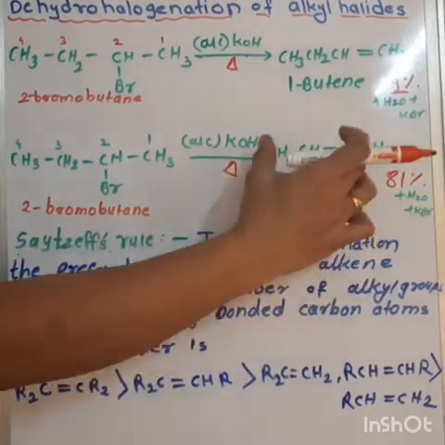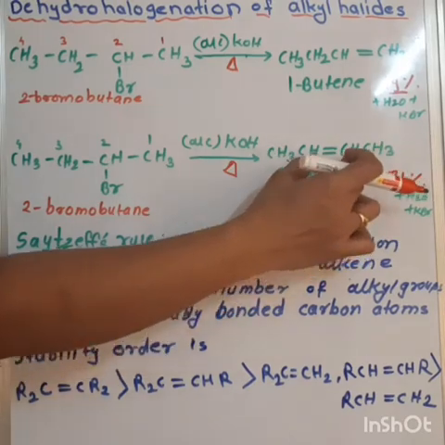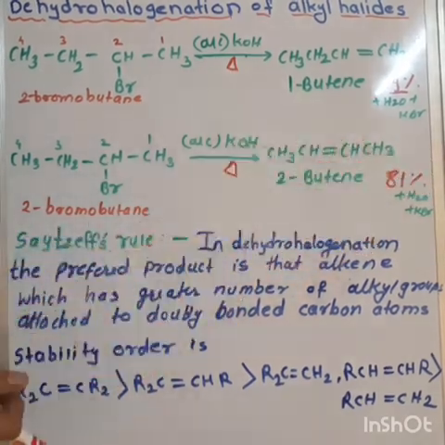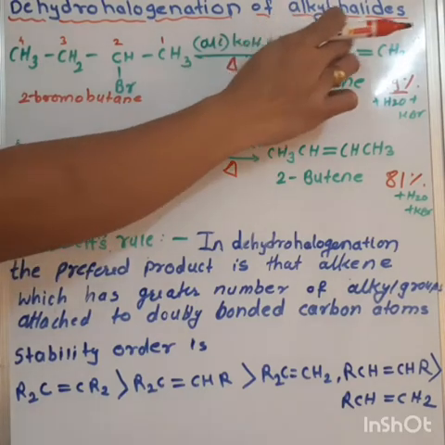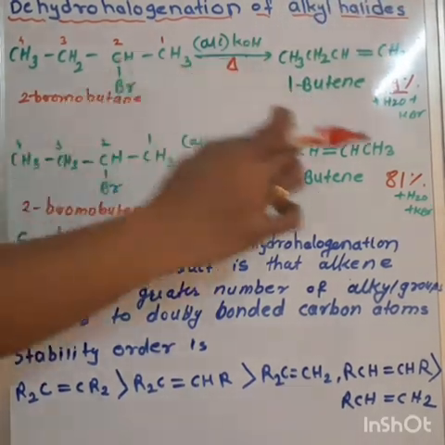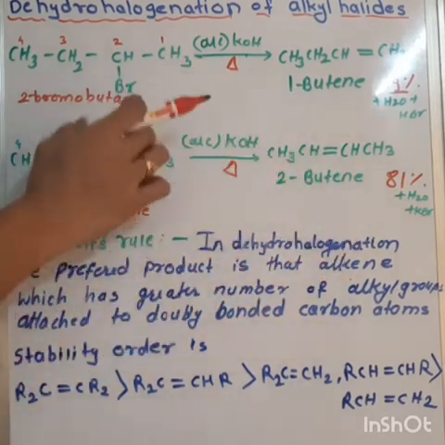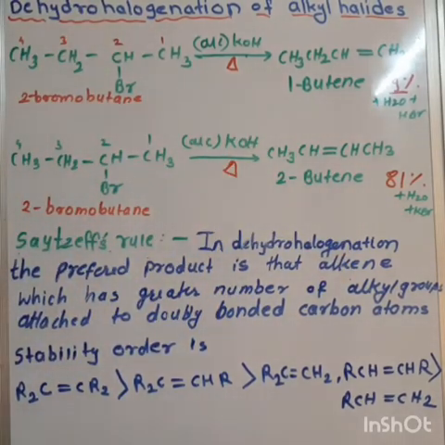Here in 2-butene there are 2 alkyl groups attached to the double bonded carbon atoms, but in 1-butene there is only one alkyl group. So 2-butene is the major product. Saytzeff elimination is the preferred formation of the more highly stabilized alkene during an elimination reaction.